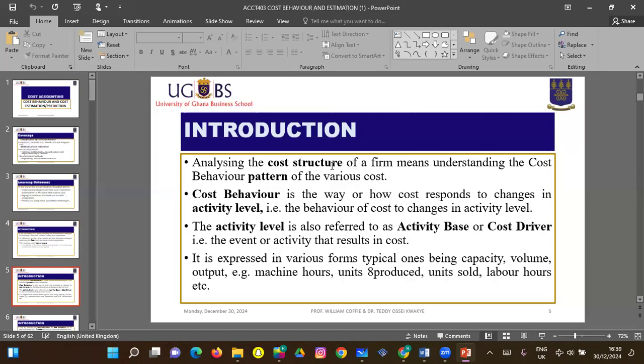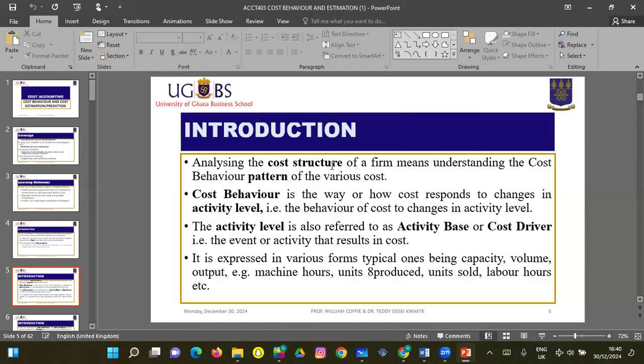So analyzing the cost structure of a firm means understanding the cost behavior pattern of the various costs. Cost behavior is how cost responds to changes in activity level, as I've said earlier on. That is the behavior of cost to activity level.